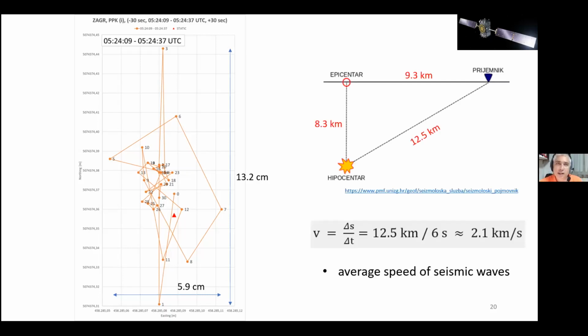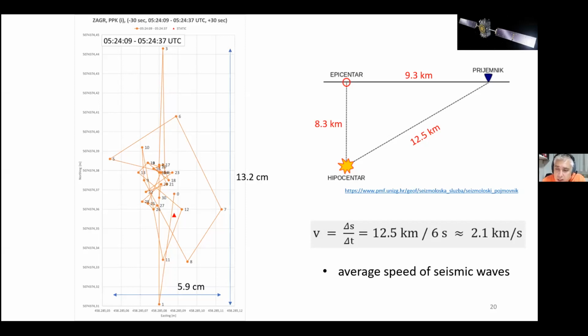Additionally, here is what we have estimated or concluded from those effects of the earthquake. If we consider the distance between the epicenter and the receiver, and the estimated depth of the hypocenter provided by the Croatian seismological survey, we can calculate quite easily the distance between the hypocenter and the receiver, being 12.5 kilometers.